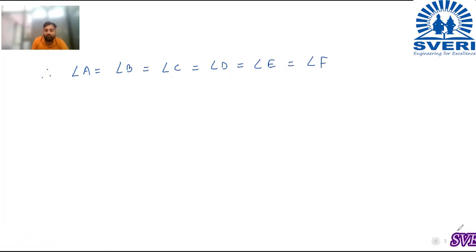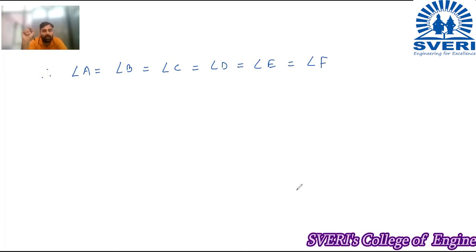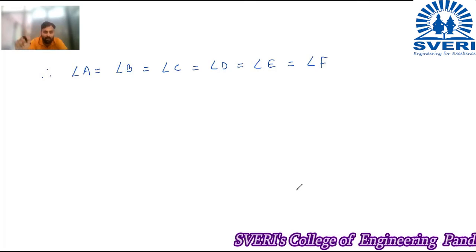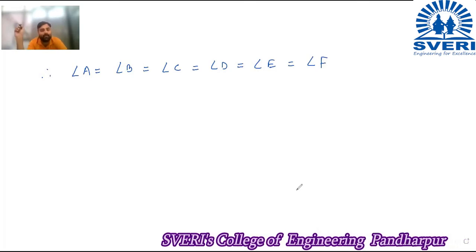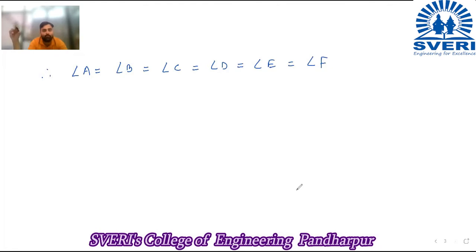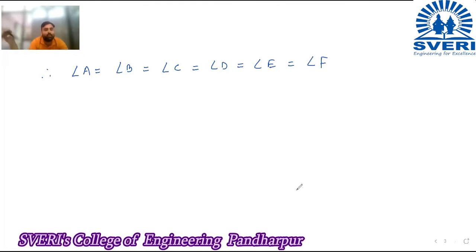So I know the sum. I know angle A plus angle B plus angle C plus angle D plus angle E plus angle F is equal to 720 degree. That sum is known to me, and also I know that all angles are equal.